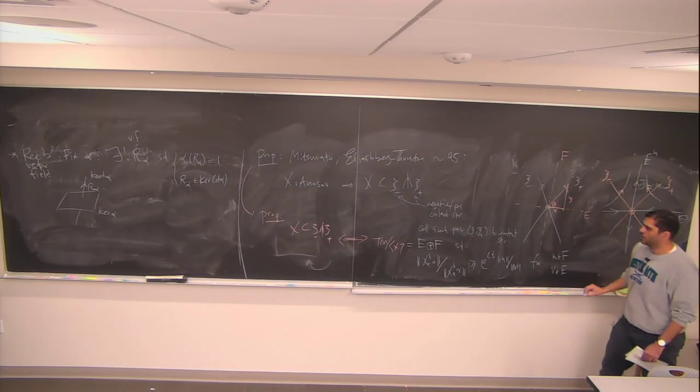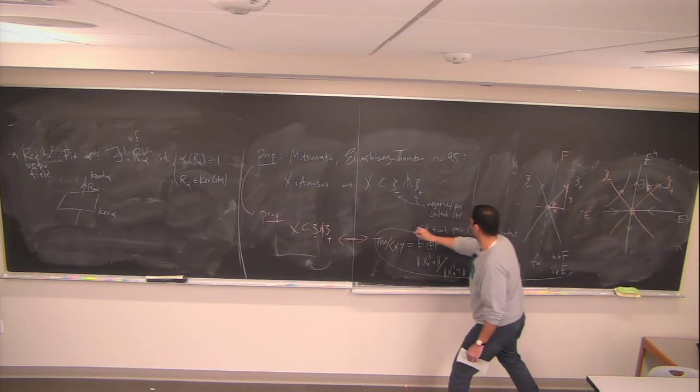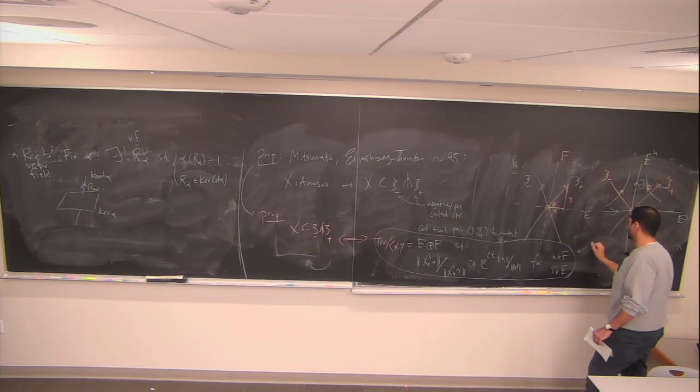And these flows are called projectively Anosov, or flows with dominated splitting.